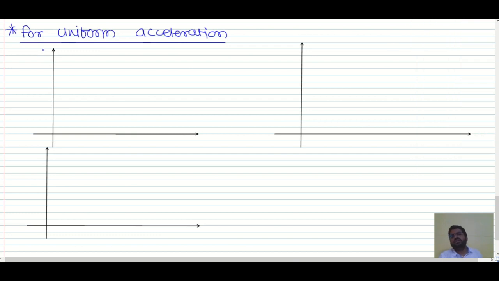So this is the displacement time graph, this is the velocity time graph, this is the acceleration time graph. Uniform acceleration it is.